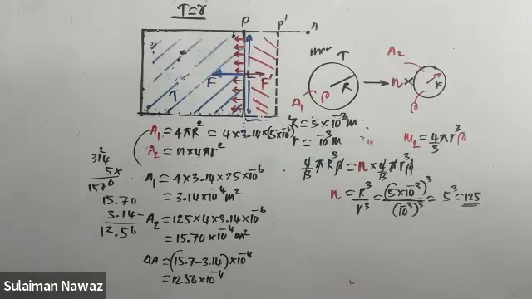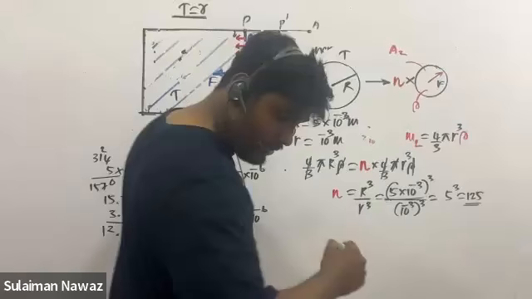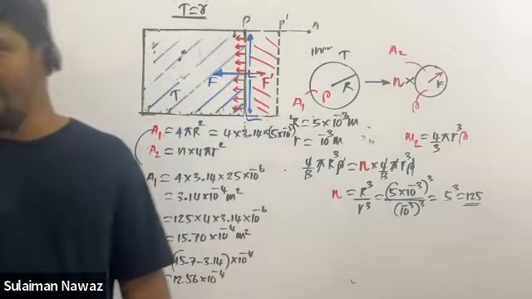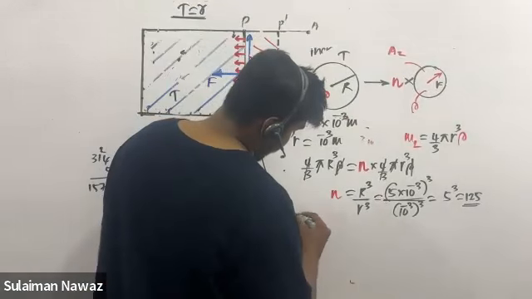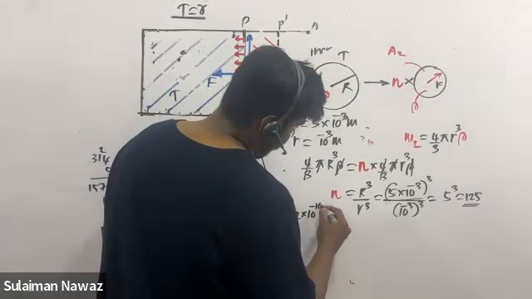I think the fourth one, if you do it, the answer for question number 4 will be 2.12 times 10 to the power minus 10 joules.